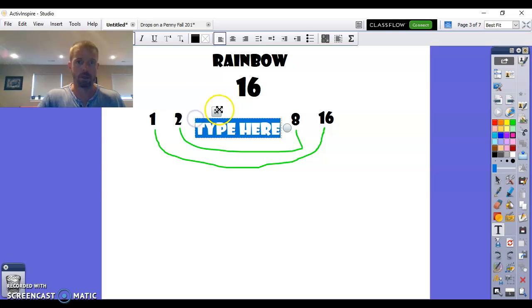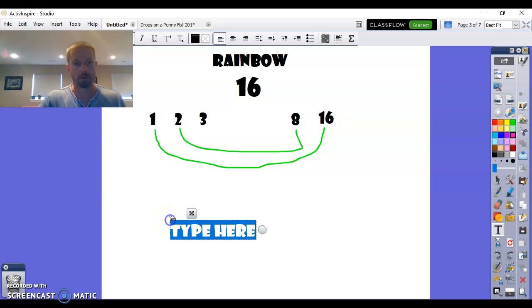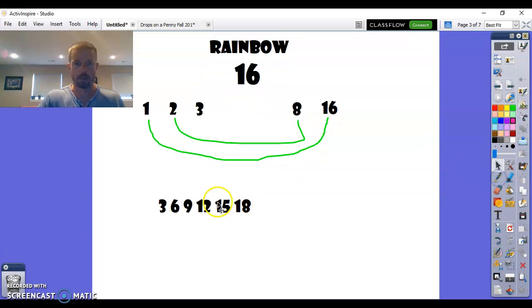Okay, then they'll find out that some numbers don't work, so 3. And another way that you can tell your student to find that is they can count by 3s if they don't know all of the multiples of 3. So 3, 6, 9, 12, 15, 18. So we know 3 does not work as a factor of 16 because you do not land on 16 when you're counting by 3s.